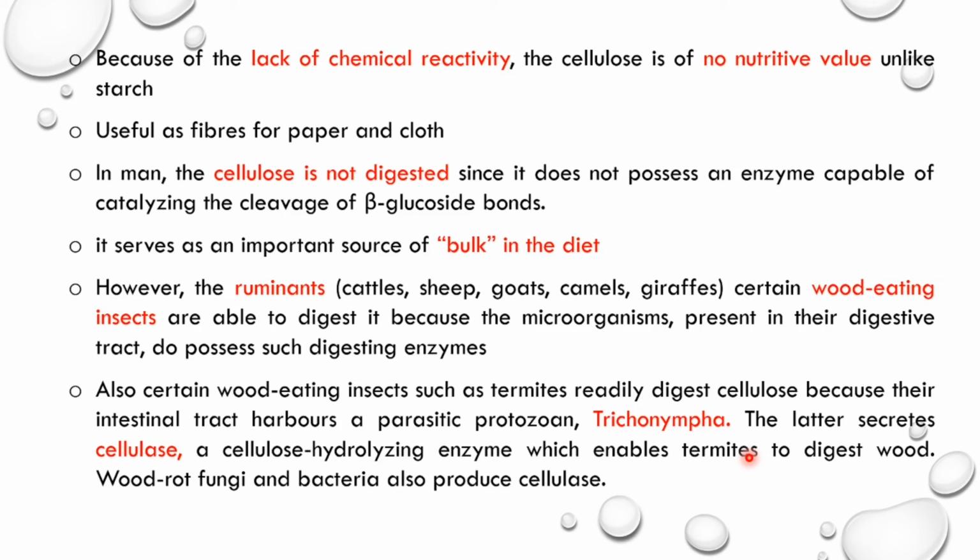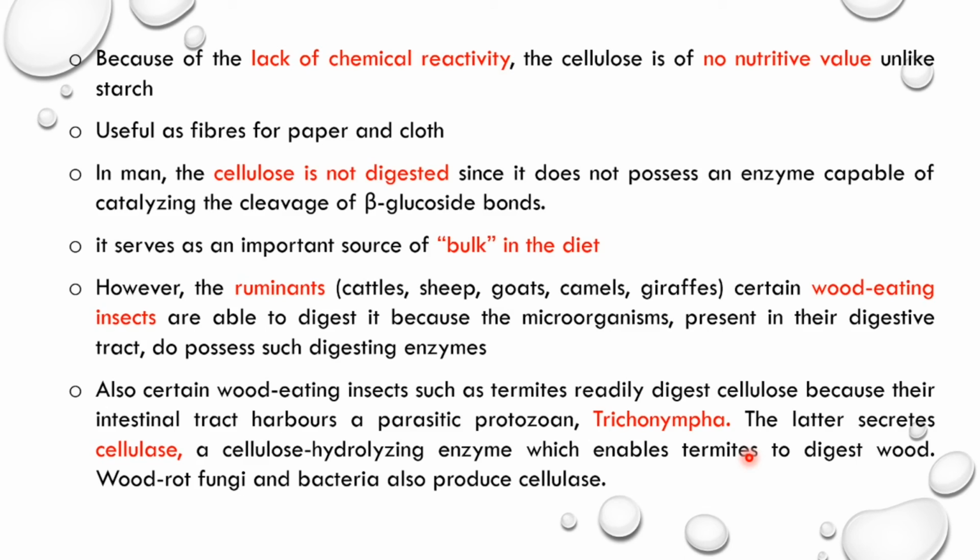In man, cellulose is not digested since he does not possess an enzyme capable of hydrolysis of beta D glycosidic bonds. That is, human salivary or pancreatic amylases are only capable of hydrolyzing alpha D glycosidic bonds.